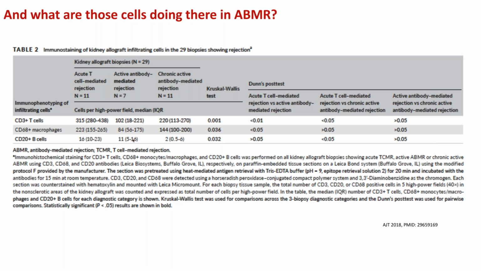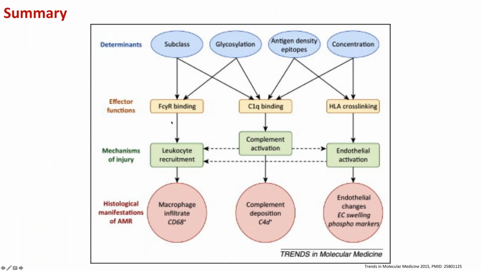So what does it mean? Though we sort of compartmentalize as cell-mediated rejection and antibody-mediated rejection, it is important to remember that CD3 positive T cells, mainly the CD4 T helper cells, play a major role in antibody-mediated rejection, whether it's an acute or a chronic antibody-mediated rejection.